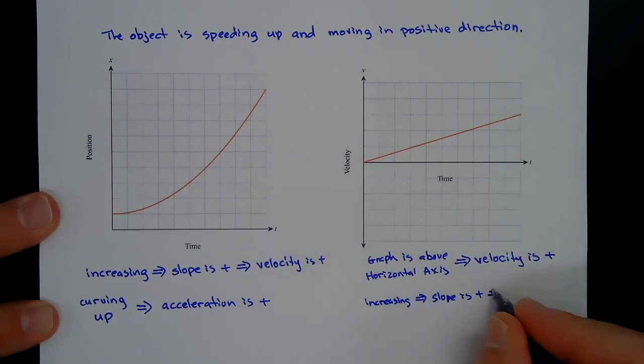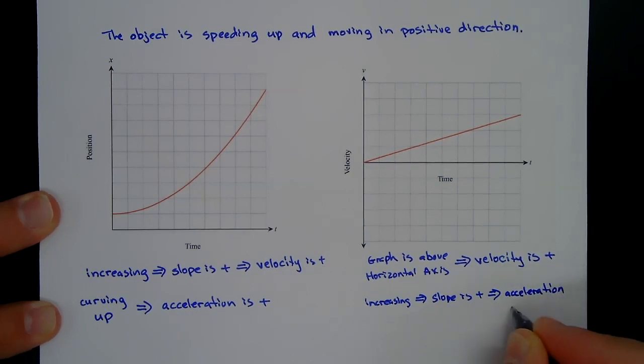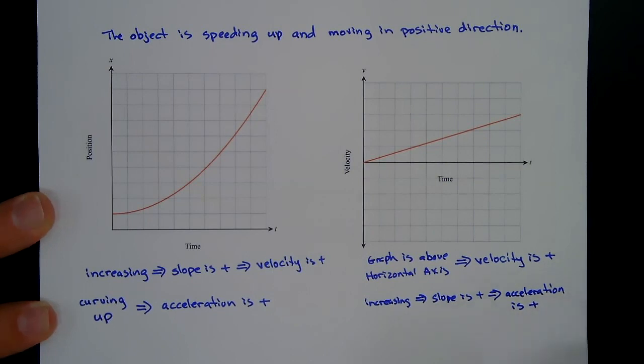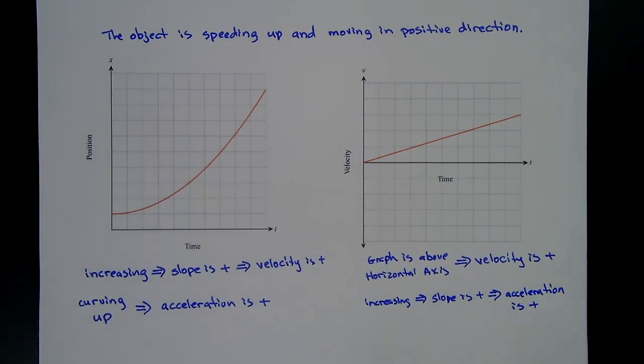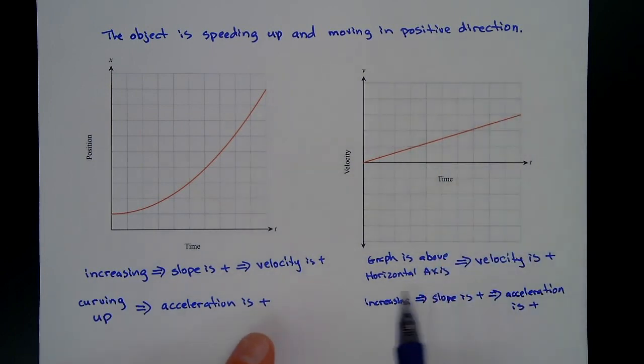So this is telling me since the slope is positive, the acceleration must be positive. So because velocity is positive, that means we're moving in the positive direction. And since both velocity and acceleration are the same sign, that tells us we're speeding up.